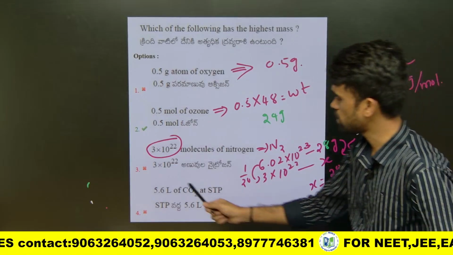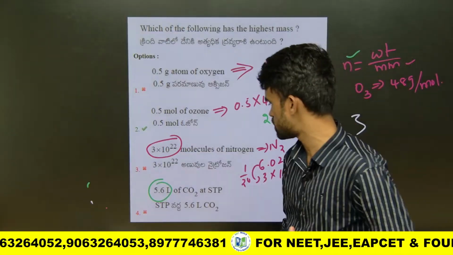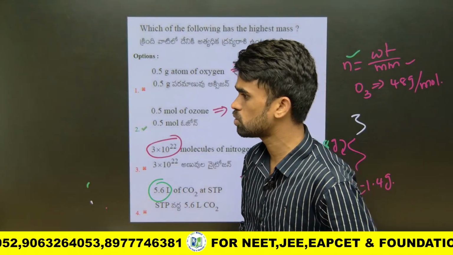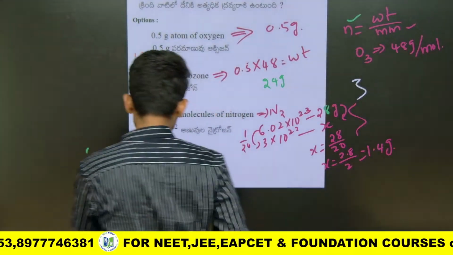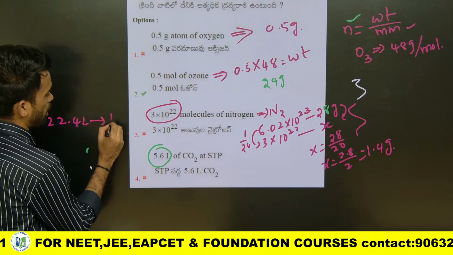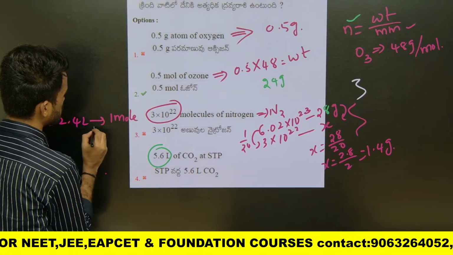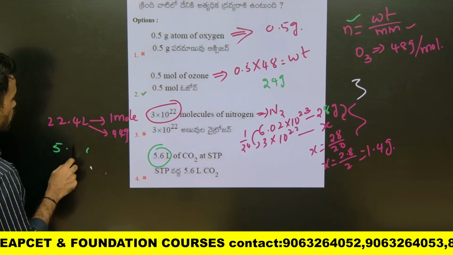Like this, even if you calculate for 5.6 liters of CO2. 5.6 liters means what? At STP condition, 22.4 liters means 1 mole. 1 mole of CO2 is nothing but 44 grams, right? Now it is given as 5.6 liters.